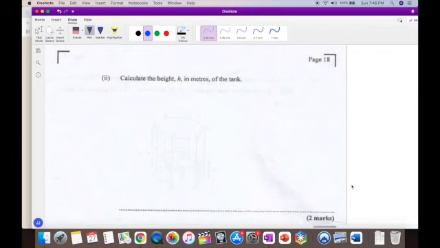So we can see here that the volume, and now we'll need the area, because the volume is equal to the area, which is 65 centimeters squared, multiplied by the height. And we worked out the volume. This will give us the volume in centimeters cubed.